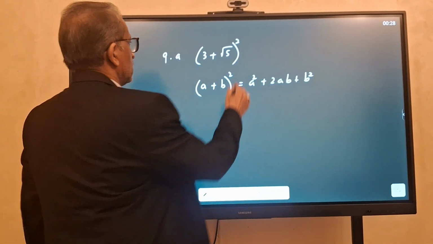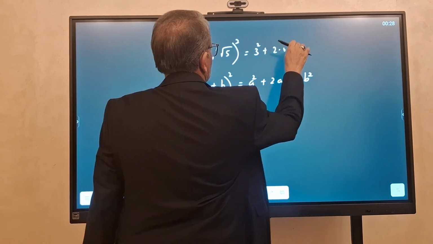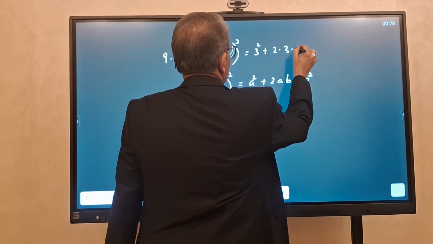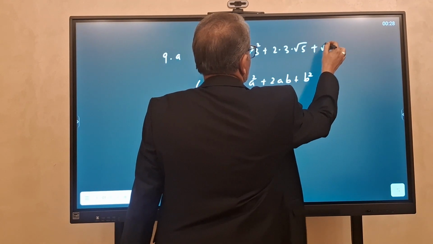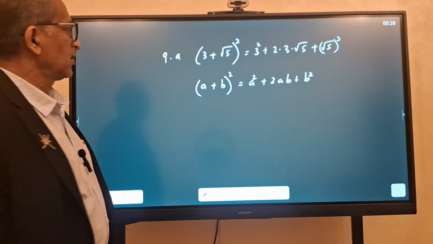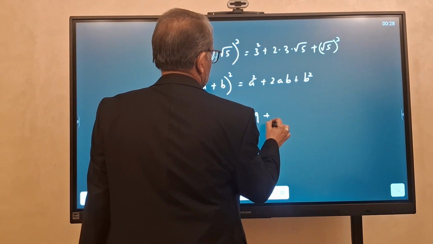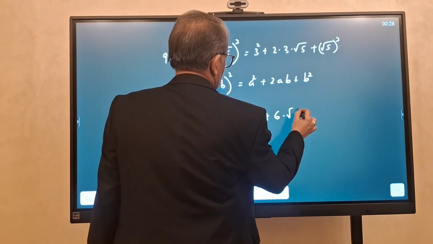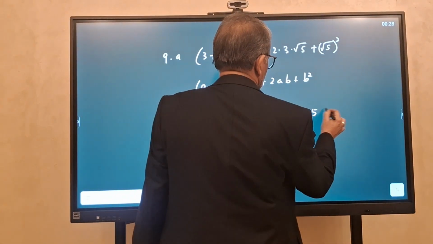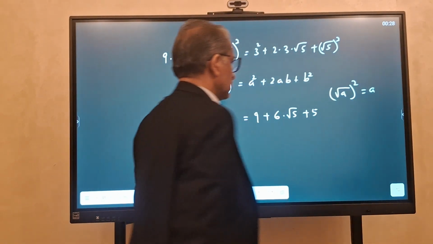So it is 3 square plus 2 into 3 into root 5 plus root 5 square. What is the final answer? 9, then 2 into 3 is 6 root 5. Root 5 cannot be multiplied as it is. Root 5 square is 5, that means root A square is A. So that's why it is 5.